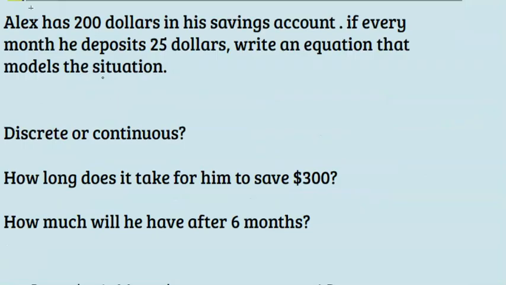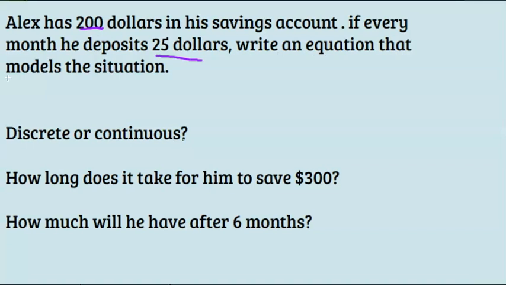Let's look at this example. Alex has $200 in his savings account. If every month he deposits $25, write an equation that models this situation. So is this discrete or continuous? This would be discrete.